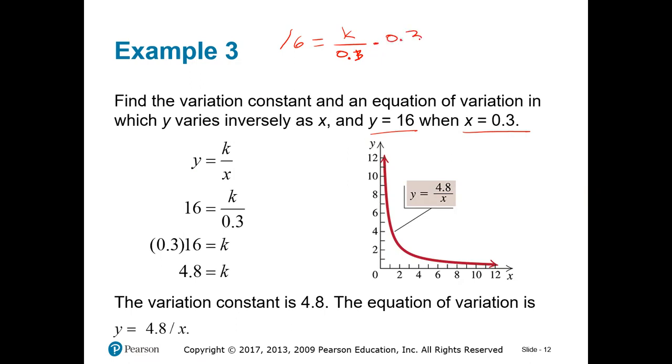That means we need to multiply both sides by that 0.3. So now k is equal to 16 times 0.3, and we get 4.8. That would be our constant here. So my model, my equation here, would be this.